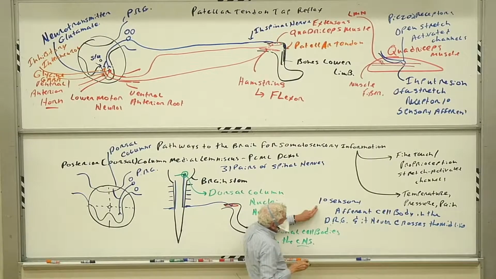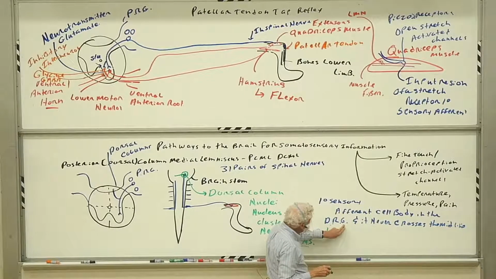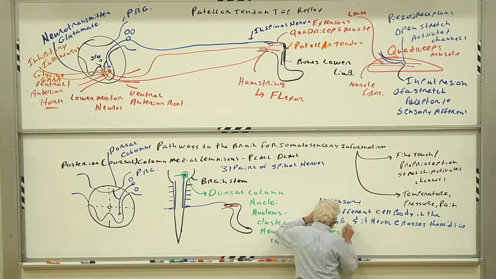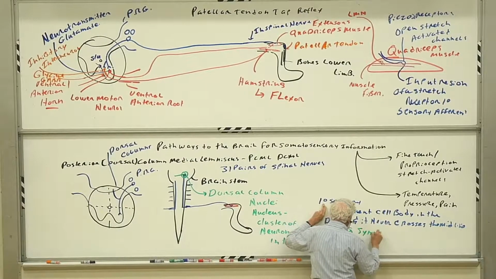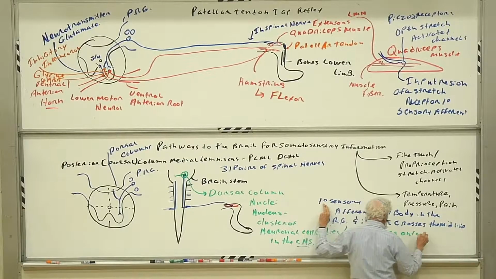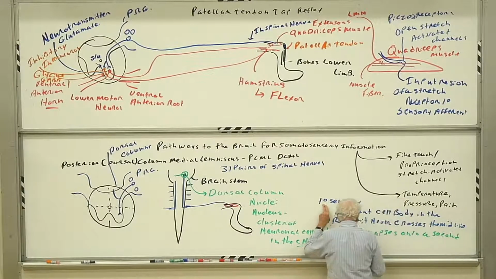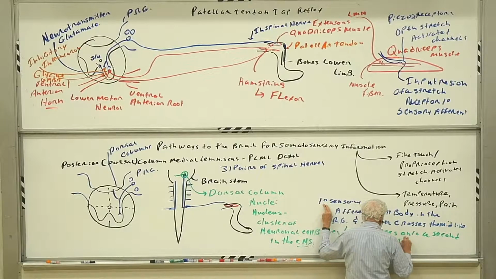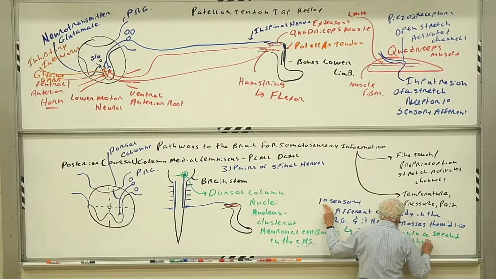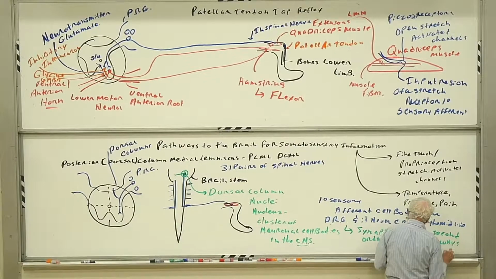So this primary sensory afferent, whose cell body is in the dorsal ganglion, never crosses the midline. It synapses onto a second order neuron that always crosses the midline.